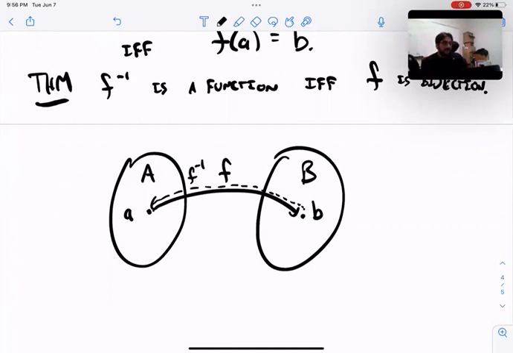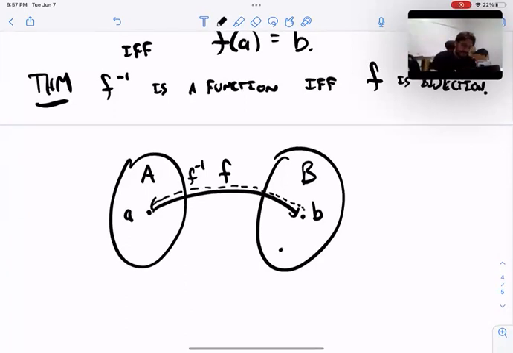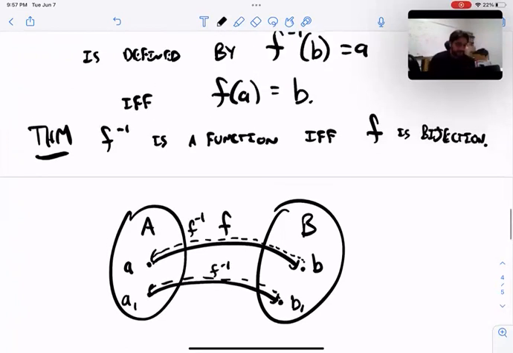Now, why do we need it to be surjective? Well, it's so that the whole set B doesn't have domain issues, that the inverse is not undefined for some elements of B. You have all of these b's get mapped to by something in A. This is why surjective was important, so that you have something to bring it back to. So this is the theorem that a function f is invertible if and only if f is bijective.